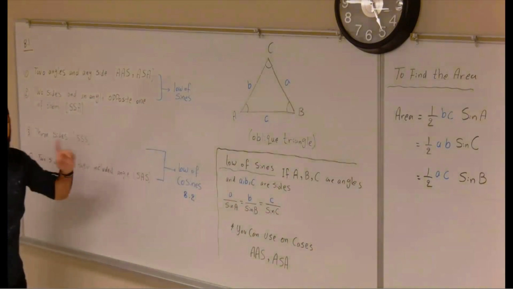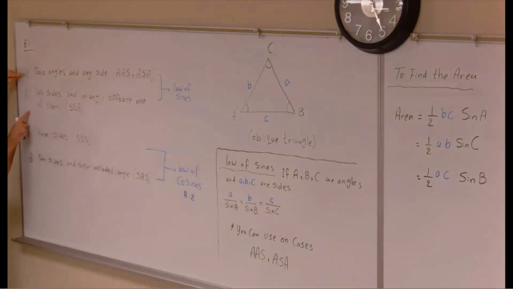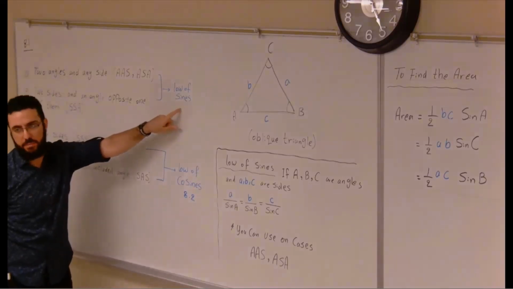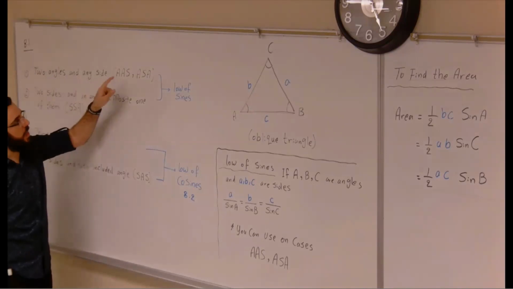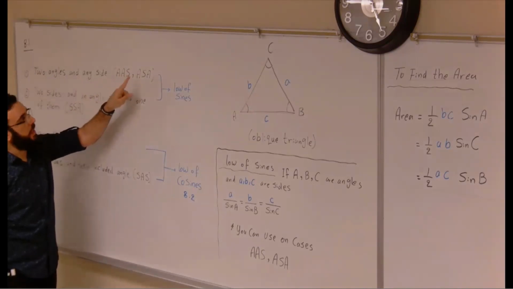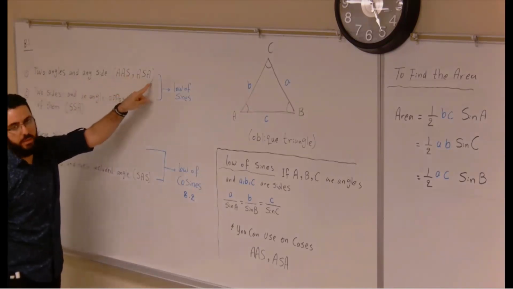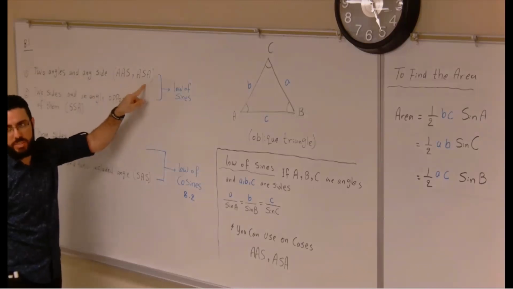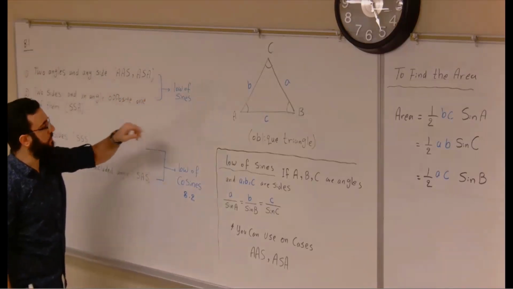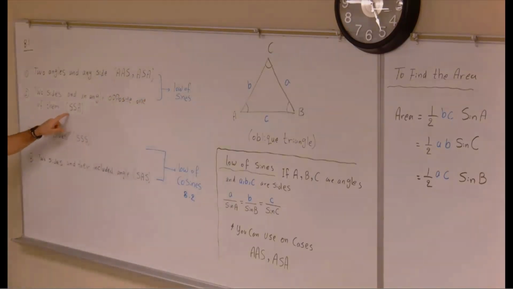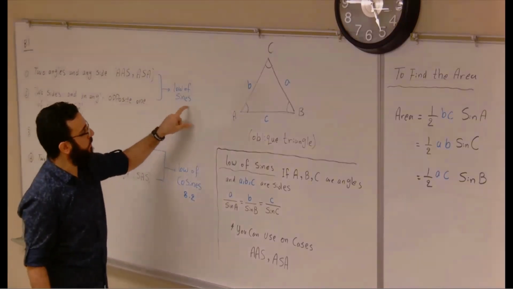So we have 2 cases where we use the law of sines. Case 1, if we have 2 angles and 1 side: angle, side, angle is still 2 angles and 1 side. We're going to use the law of sines. Case 2, if we have 2 sides and 1 angle, also use the law of sines.